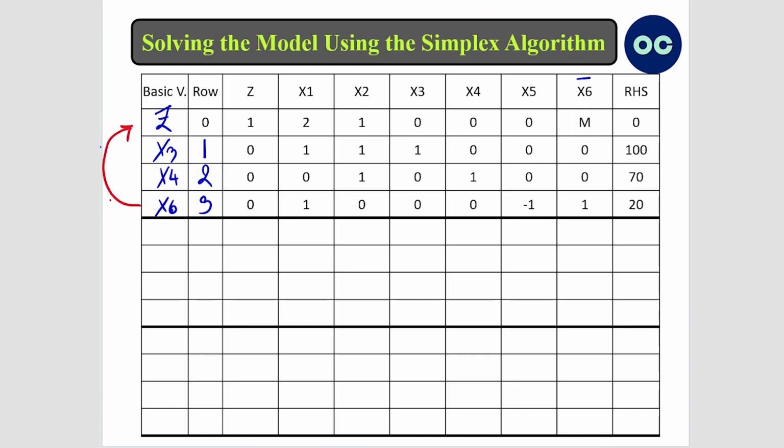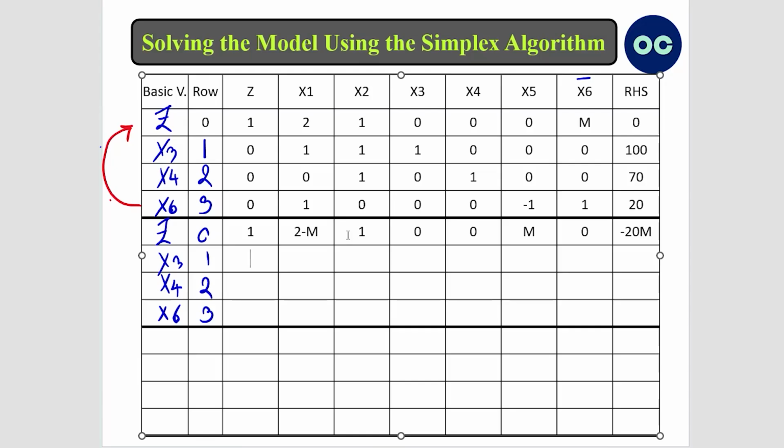So what we have in the next table, by this operation, we still have z, x3, x4, and x6 as basic variables. The values in row 0 are 1, 2 minus M, and 1, 0, 0, M, 0, and minus 20M.